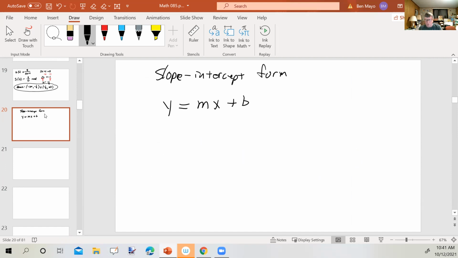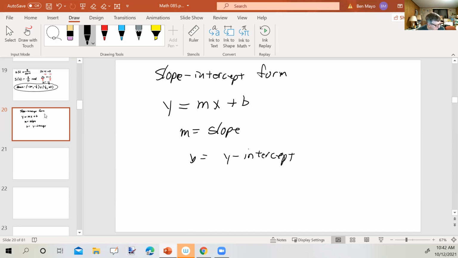So if you have an equation that is solved for y, and you write it in the form y equals whatever the coefficient of x is times x plus whatever constant there is, m is the slope of the line and b is the y-intercept. That is the point where the graph cuts through the y-axis, okay?